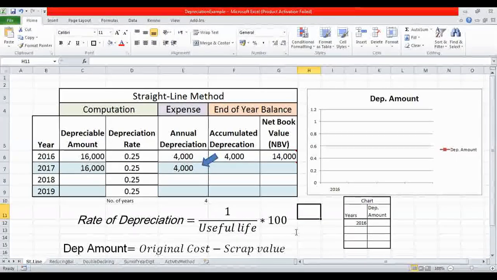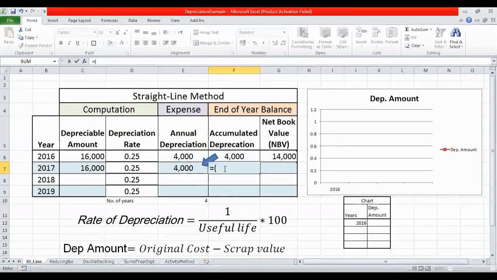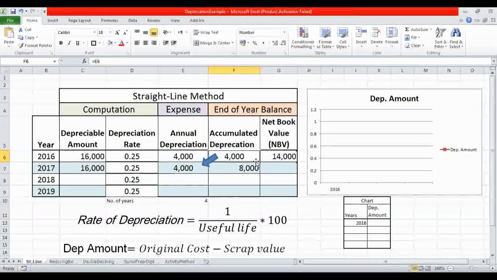We are going to add these two, this 4,000 for the last year's depreciation and the depreciation this year. So 4,000 plus this 4,000 is going to give us a total amount of 8,000. So this is how we are going to calculate accumulated depreciation.